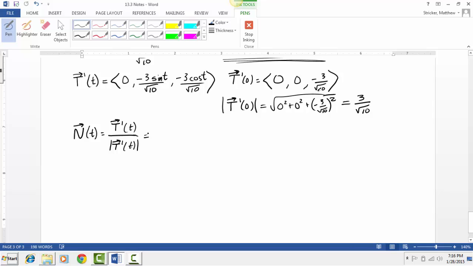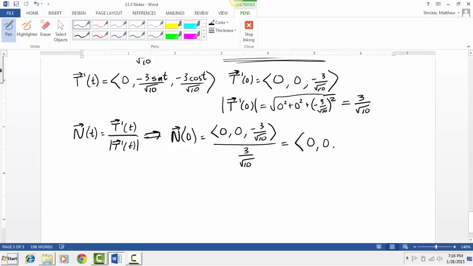So this tells us that the unit normal vector at 0 is that vector at 0, which we just found, 0, 0, negative 3 over root 10, divided by its magnitude, which is 3 over root 10. That is an easy calculation. This is the vector 0, 0, negative 1. So right there, highlighted in yellow, that's the unit normal vector at t equals 0.